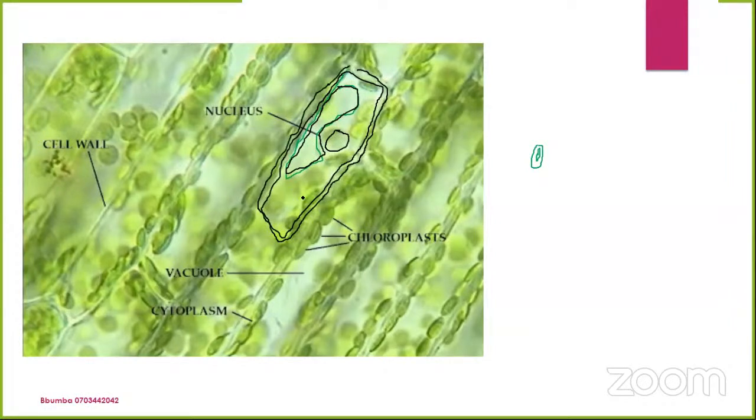And then you could have these other small organelles. The chloroplasts are there, the mitochondria will be there. So that is a typical plant cell. This is one, but you can find many, many cells.